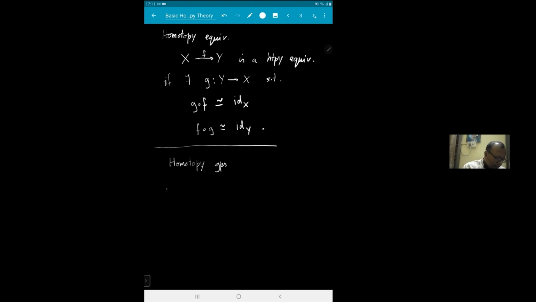So you define, X is a base space now. X is an object of Top star, and pi n of X is going to be the homotopy classes of maps from S^n to X. So S^n is always going to stand for a based space.